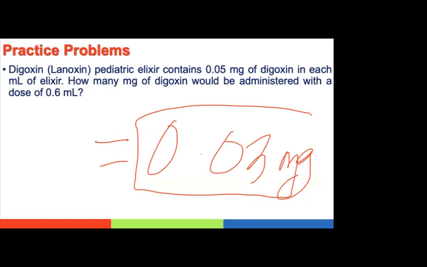You just multiply it by 1,000. 1 milligram is equal to 1,000 micrograms. So if it is expressed in microgram, the answer is 30 micrograms. But milligram is what is being asked, so 0.03 milligram is the correct answer. Okay?